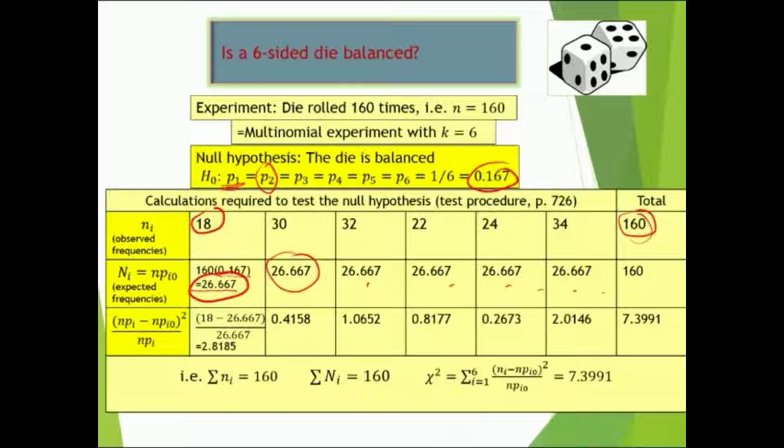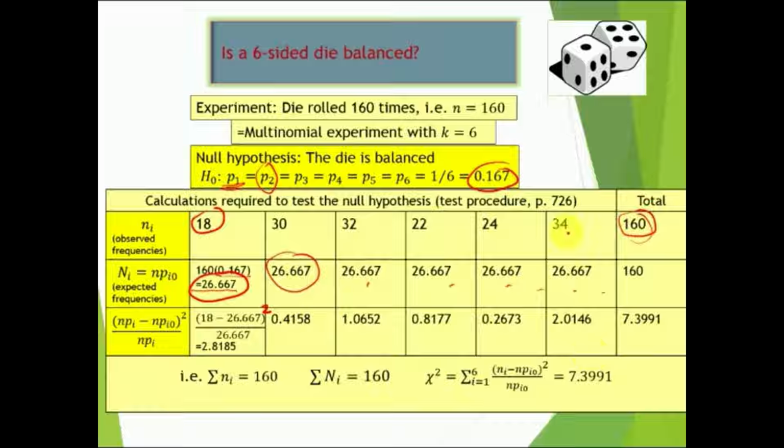So that's what we have there. It's 18 minus 26.667, squared, divided by 26.667, and that's 2.8185. If you do the same thing in the second column, 30 minus 26.667, squared, divided by 26.667 will give you 0.4158. Same for the third, fourth, fifth. Let's consider the sixth one as well.